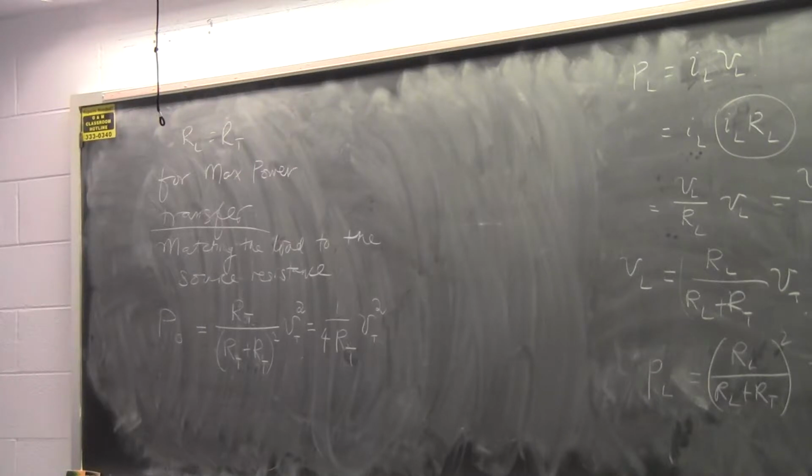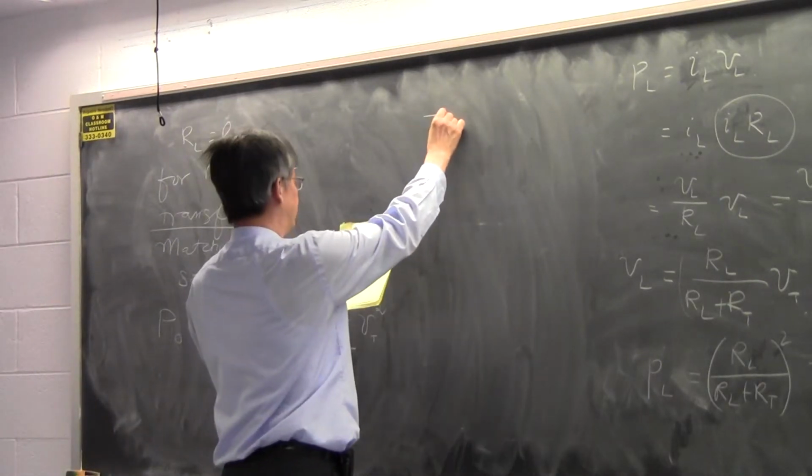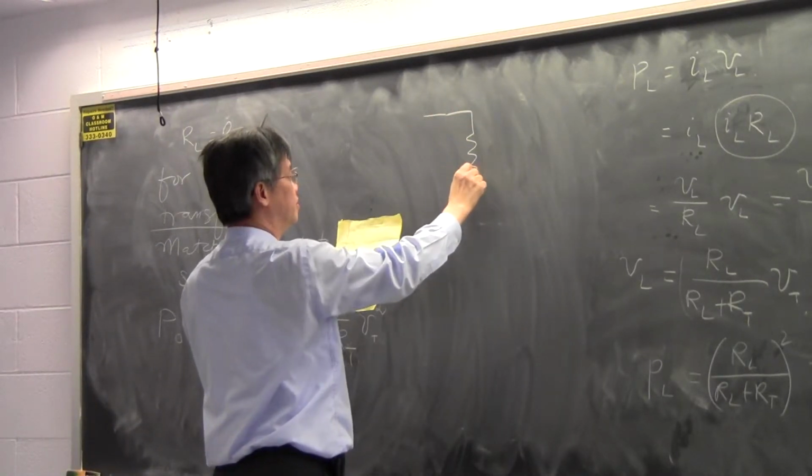So, there's a very simple example in the book. It refers to figure 2.18A, and asks what the maximum power transfer should be for that very simple circuit. That figure I redraw on the blackboard again.